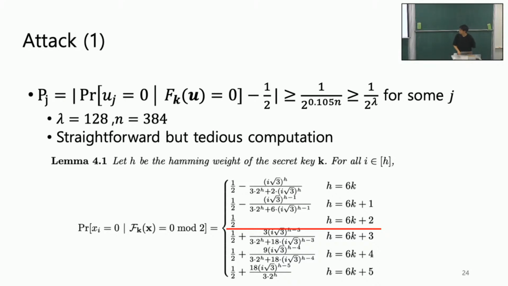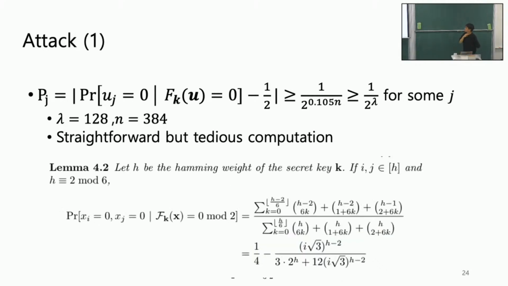So in this case, we need to find another event. It is also easy when it comes to the conditional probability that xi and xj are both 0, given that fk of x is 0 in modulo 2. We can observe that there is a bias from uniform distributions.